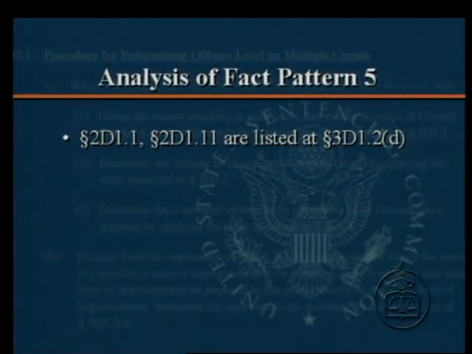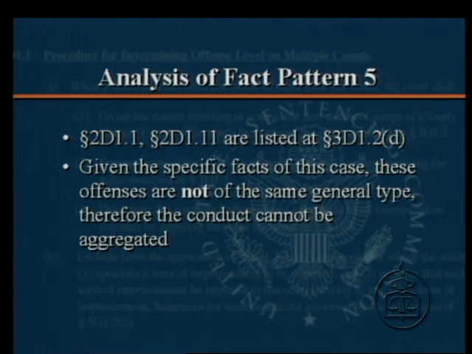He possessed with the intent to distribute marijuana and unlawfully possessed a listed chemical, which he did not use for the manufacture. So in this situation, we are not going to be grouping these offenses under Rule D. There's no mechanism really to get these two separate types of conduct aggregated into one guideline, one time. So these offenses are not of the same general type, and the conduct cannot be aggregated.